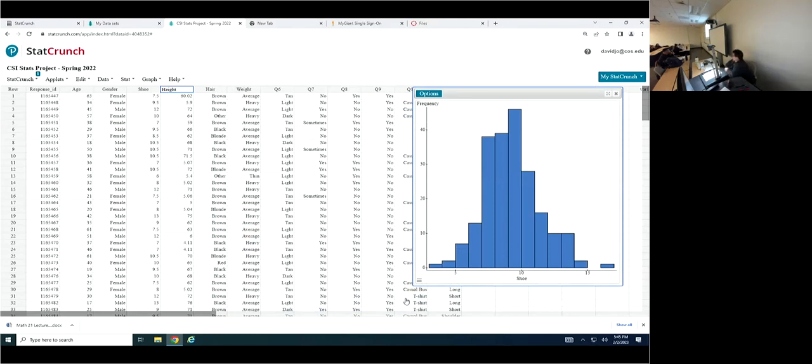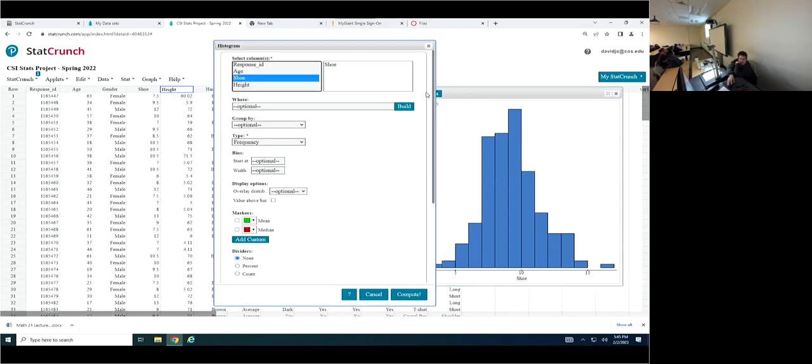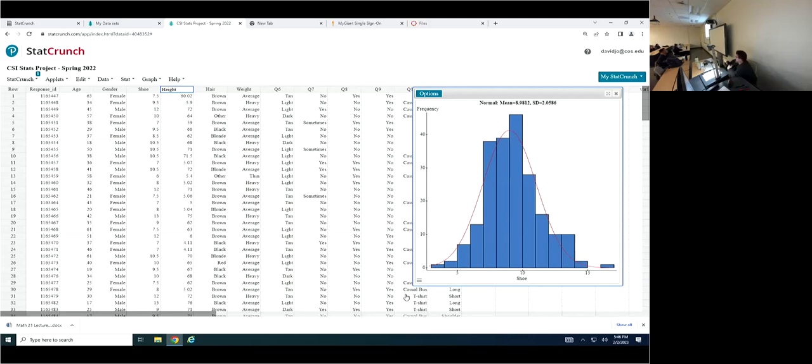Yes, it's tall in the middle and the sides are off. We have the option on a histogram to apply a distribution. And if I put the normal distribution, which is what the bell shape is, it kind of follows the red line. Not exact, but it sort of follows the red line.